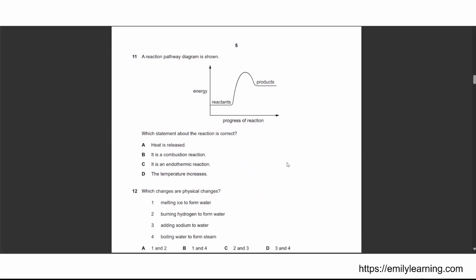Question 11. So this is the reaction pathway diagram. This is the reactants and this is the products. The products is at a higher energy level than the reactants. So when the energy level increases, delta H is positive, and it is an endothermic reaction.